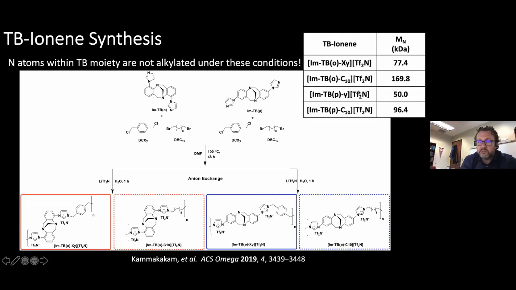And then for the xylene, we got about 50 kilodaltons, and for the C10, we got about 96 kilodaltons. So they're quite big in terms of ionene molecular weight. We're happy that these reactions are efficient, and it's not all that strong of conditions: DMF, 100°C for 48 hours.